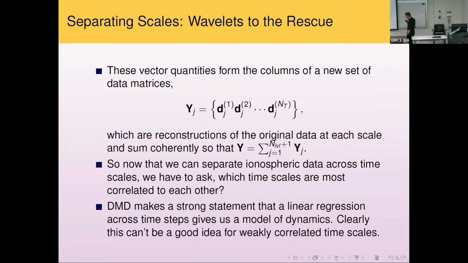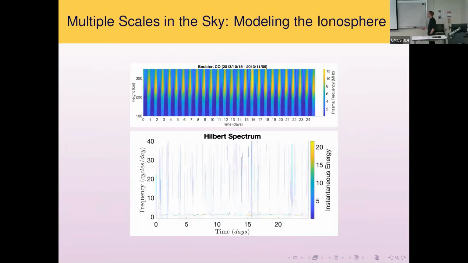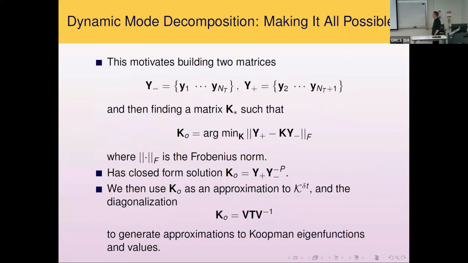The point of separating across scales is that once you know something about multi-scale systems, some scales talk to each other more than others, right? And DMD, for as handy and in some ways as theoretically elegant as it is, is also sort of boneheadedly dumb, right? Forward, back, fit. That's it. That's all you get.